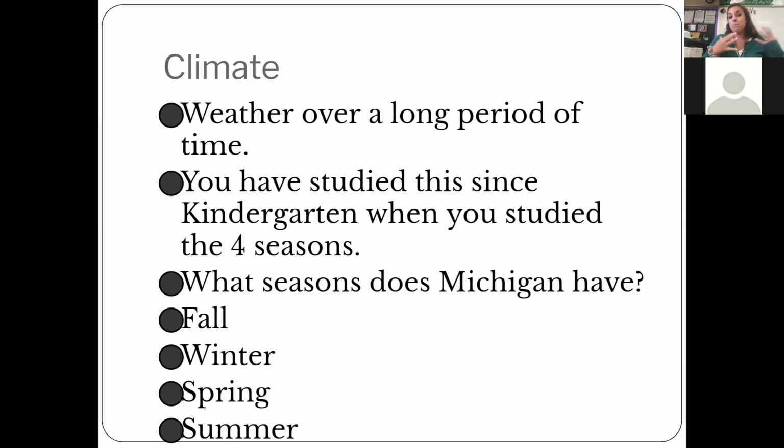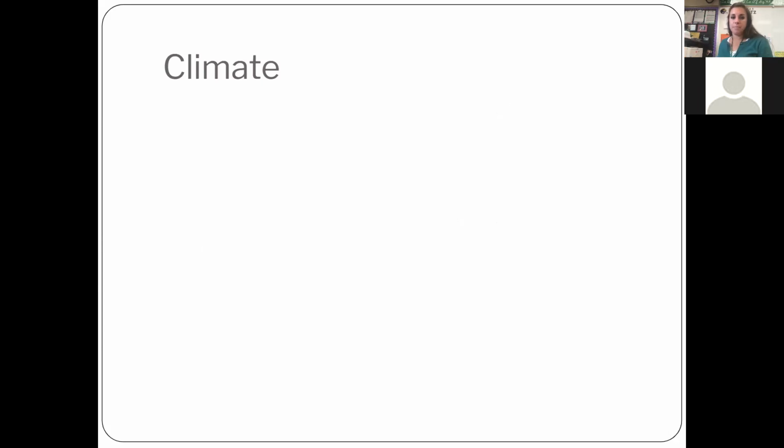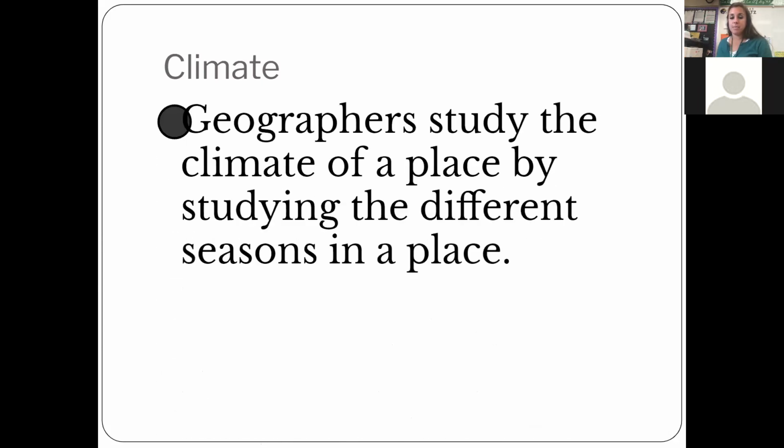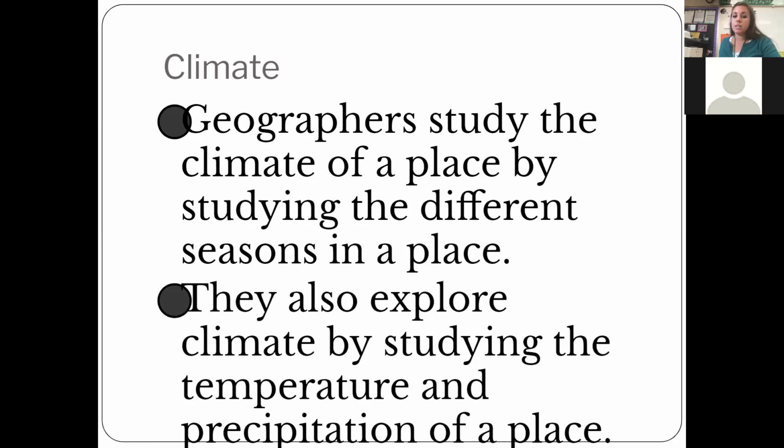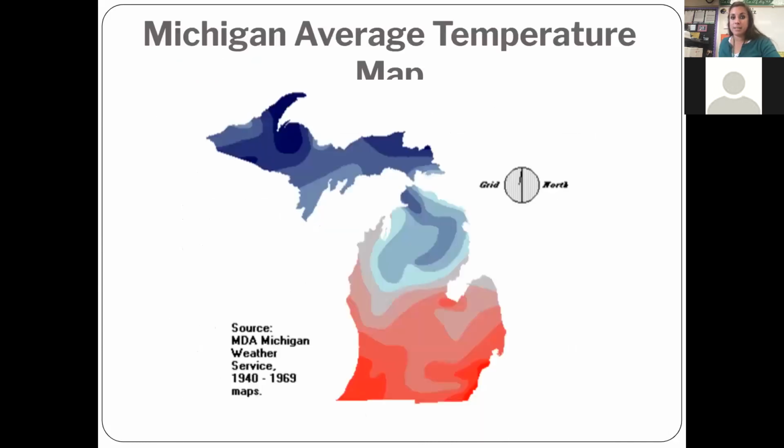For us, because of our climate, our weather changes all the time based on the season. So geographers study the climate of a place by studying the different seasons of this place. And they also explore climate by studying the temperature and the precipitation of a place.